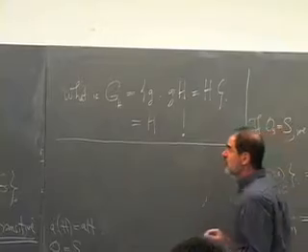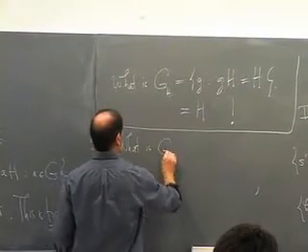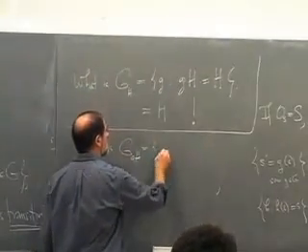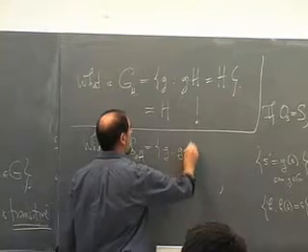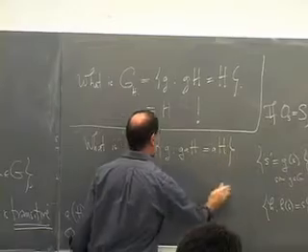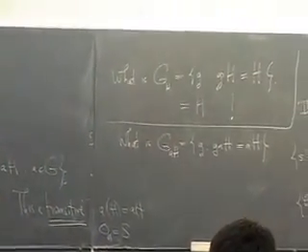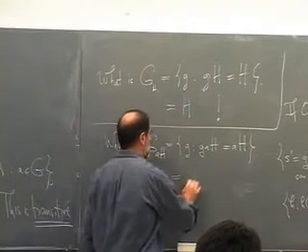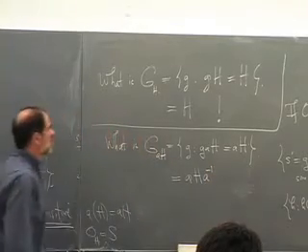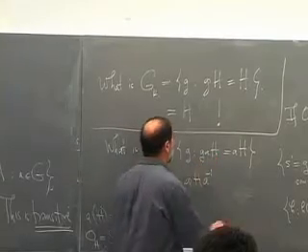What is the stabilizer of another coset? Well, it's the set of G such that GAH is equal to AH. So I claim that this is AHA inverse. If you work out this identity, you'll find it.